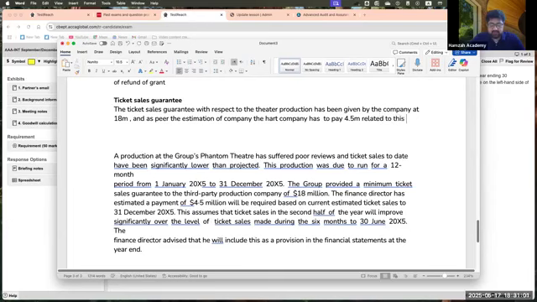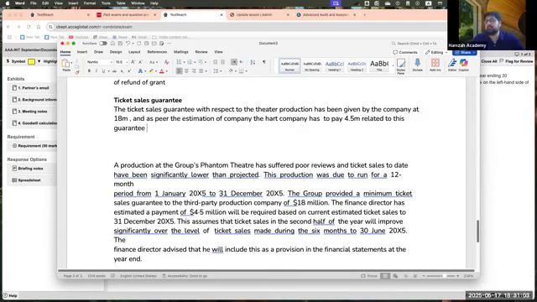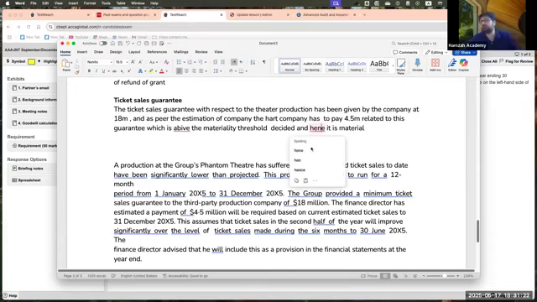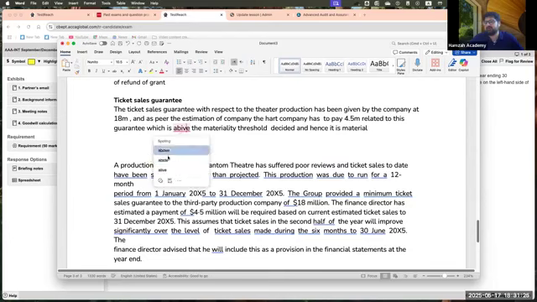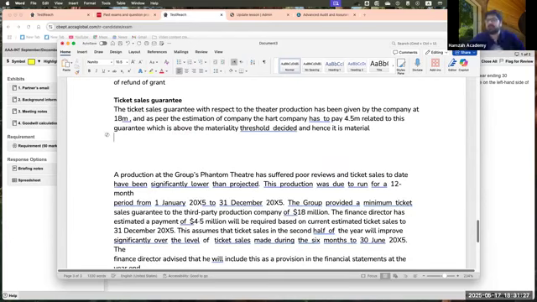Related to this guarantee, which is above the materiality threshold, and hence it is material. Materiality done.